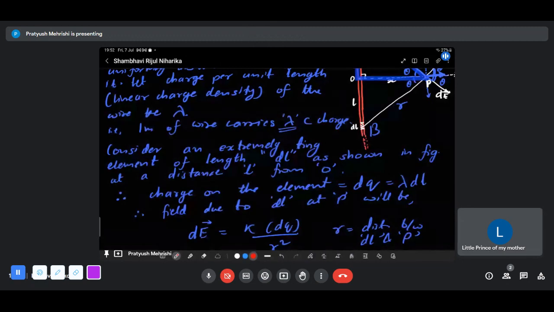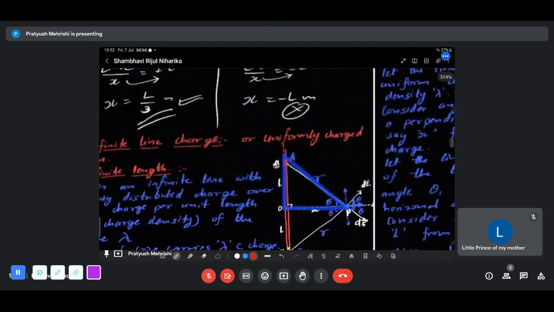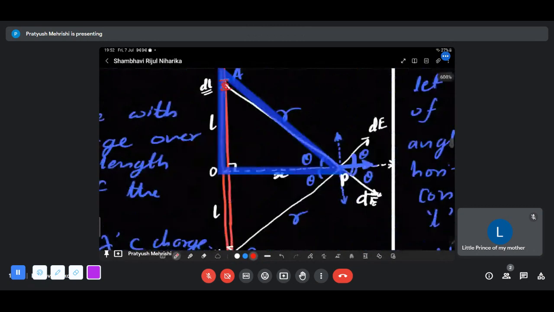Okay. Now therefore the field due to this dl charge at point P will be like this. It will be in this direction as well as in this direction. But the opposite components will cancel out each other. Only the horizontal component will remain.